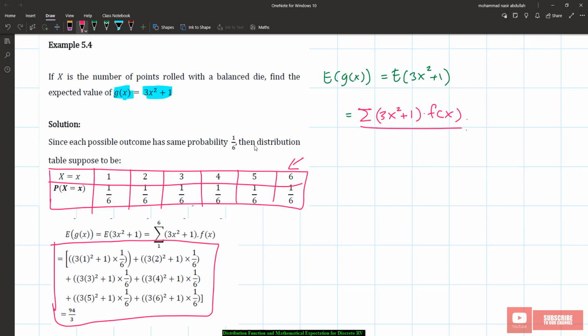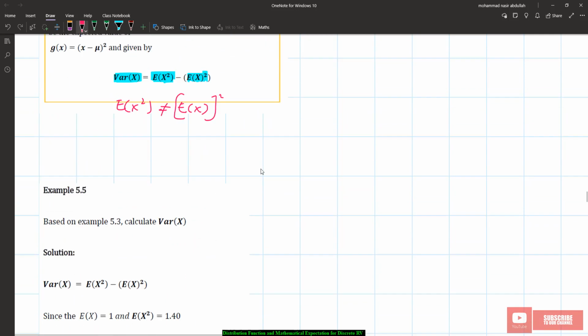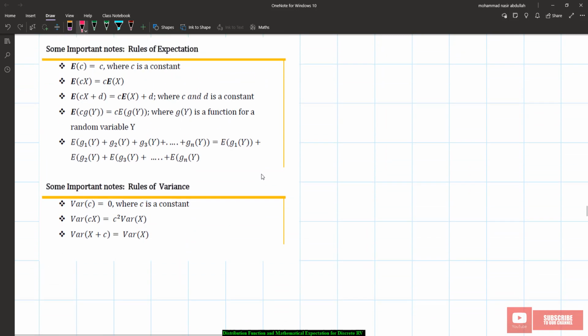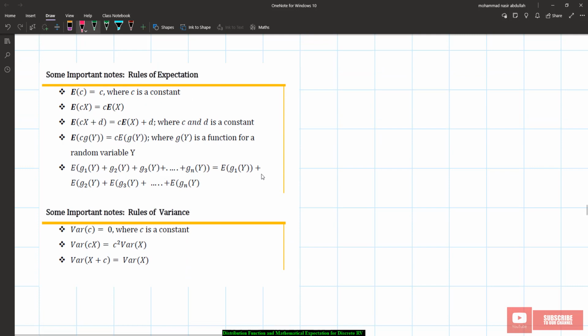So now, let's look at some rules of expectation and some rules of variance. When we want to find the expected value of a constant, it should always equal the constant. It means that E[9] is also equal to 9. E[4] should equal 4.